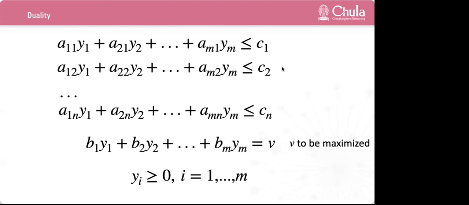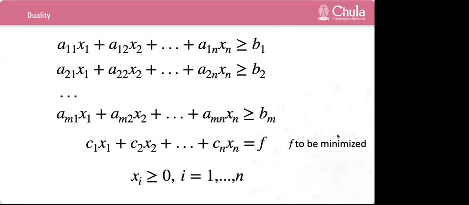But in the other system, the right hand side of the constraints is c1 to cn, and the coefficients of the objective function become b1, b2 to bm, which is to be maximized, whereas the original problem's f is to be minimized. This is the concept of duality.